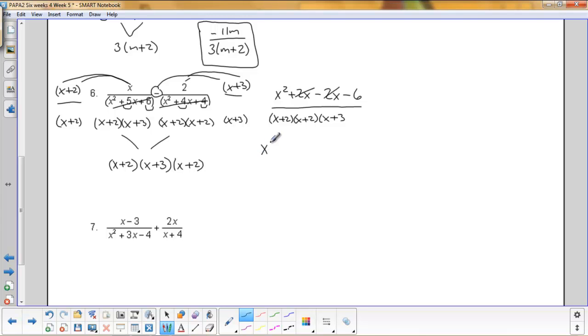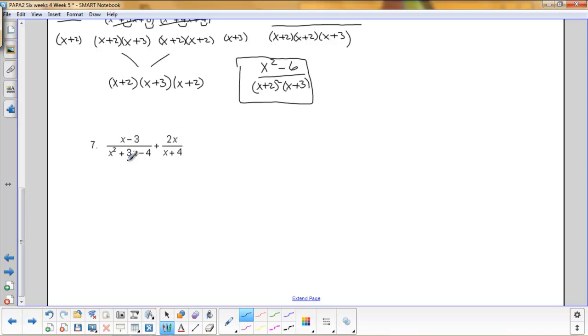Simplify. X squared minus 6 divided by x plus 2 squared times x plus 3. There is no GCF. This is not the difference of two squares, so there's nothing else I can do to this to simplify it. That is my final answer.